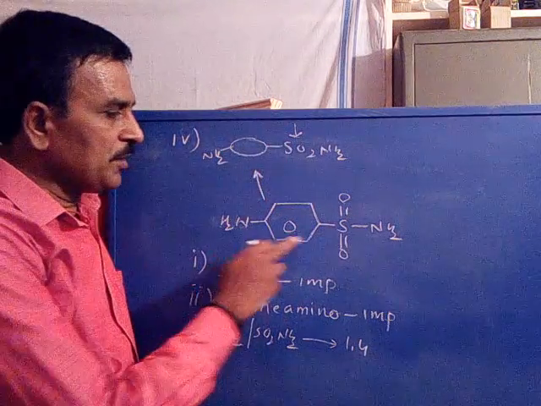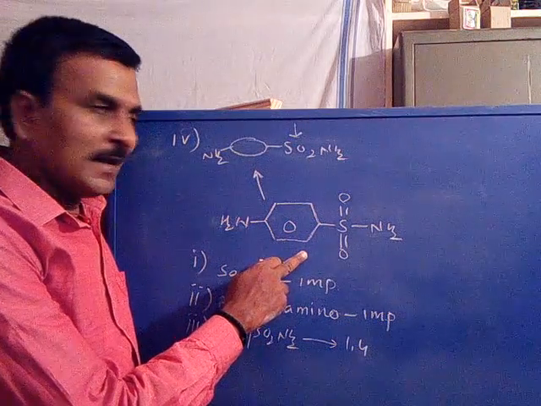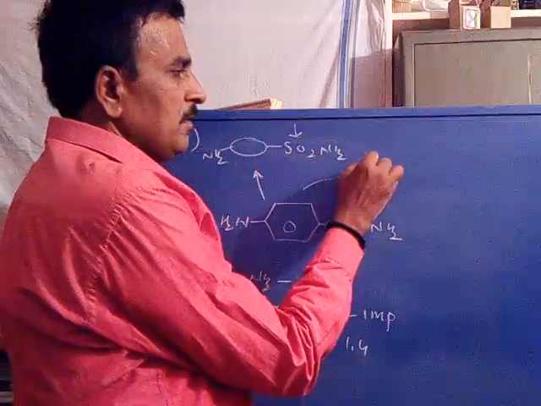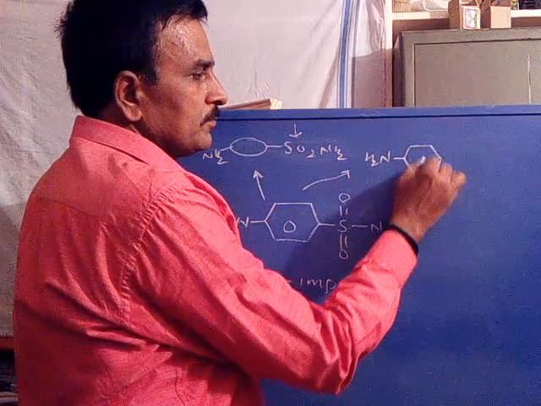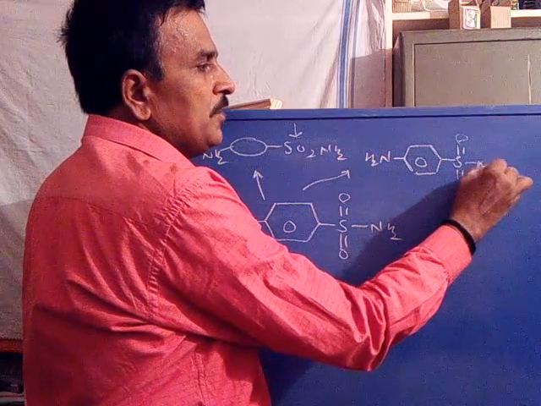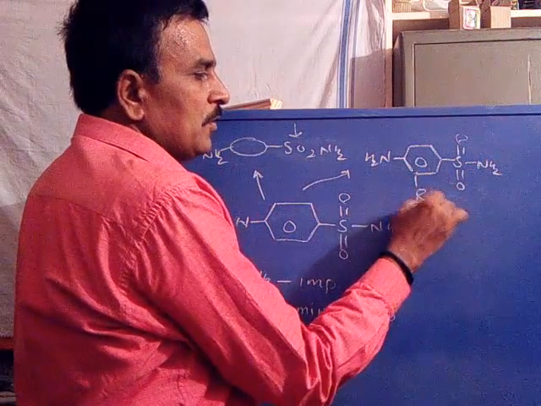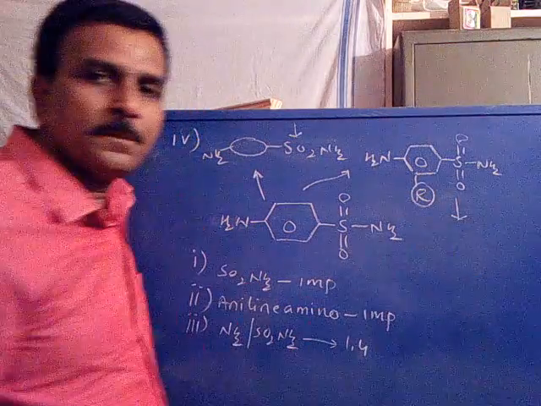Or substitution of this benzene ring hydrogen by an alkyl group, like this, H2N, S double bond O, NH2, say R group, again decreases the activity.